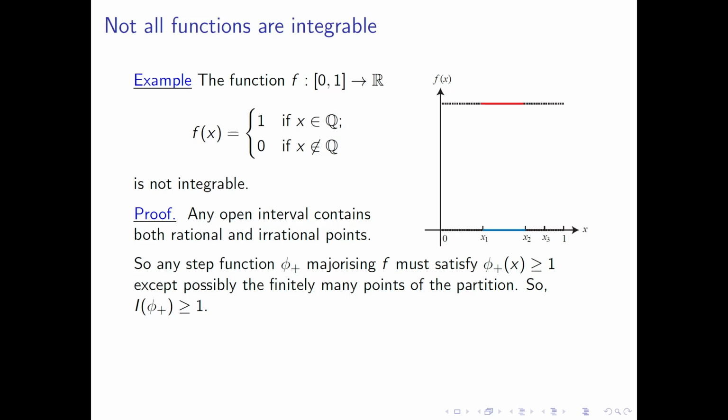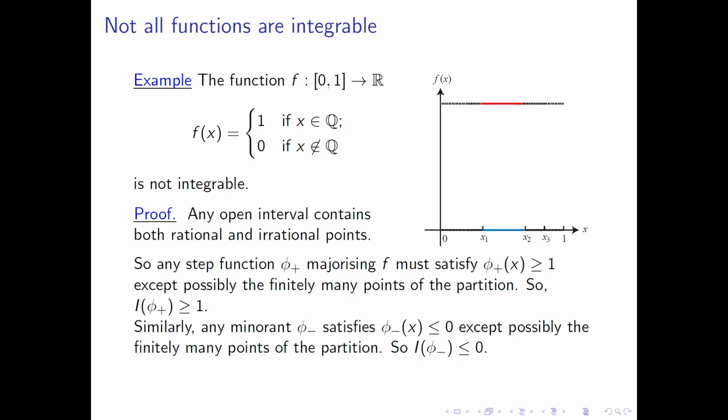Those breakpoints don't affect the value of I phi plus, so I phi plus is greater than or equal to 1. Similarly, for any minorant, I phi minus is less than or equal to 0. So the infimal possible value of I phi plus is 1, and the supremal possible value of I phi minus is 0. Those two quantities are different, and therefore the function isn't integrable.